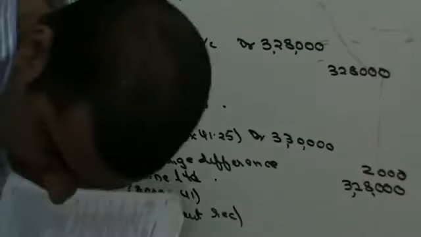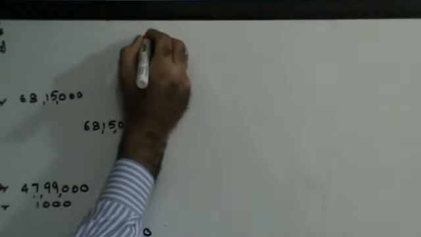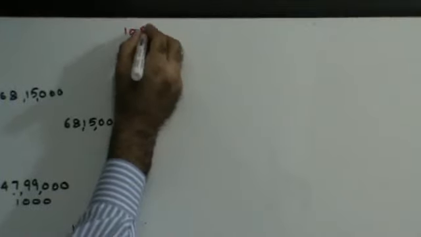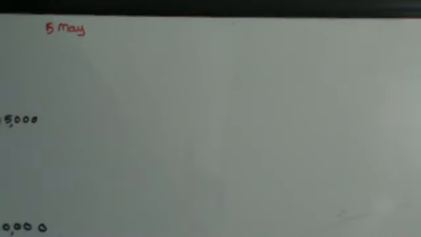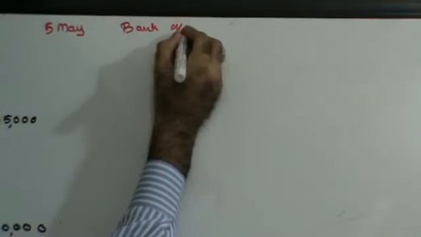Right? Next, on 10th May you exported goods worth $13,000 to Messrs. Marshall Limited of Canada. Right? After that, it's 5th May received in advance. And payment was received in advance on 5th May. So you have received the payment in advance on 5th May. Received payment. Money is coming in. Bank account debit.